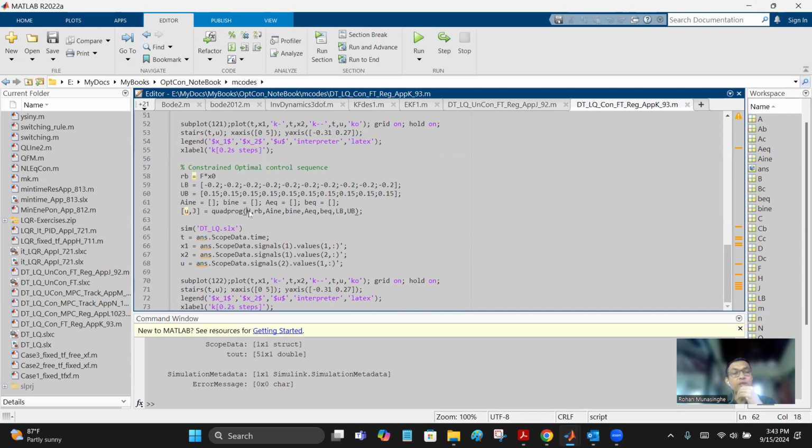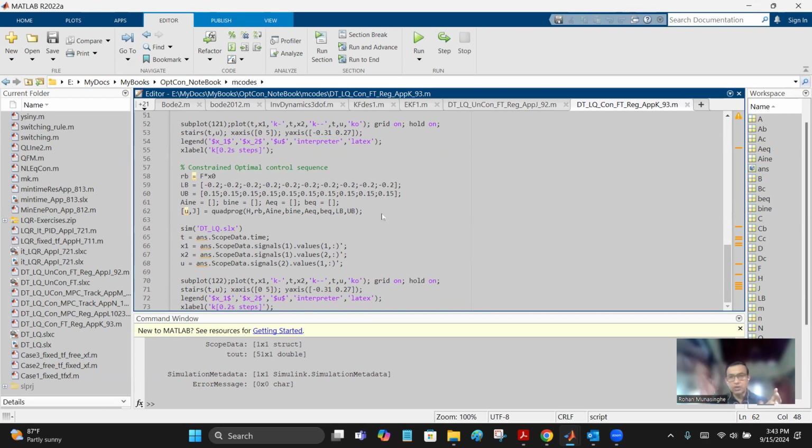Okay, there you have the H matrix, RB. This is inequality constraints. This is equality constraints, and this is lower bound and upper bound. Okay, you don't have to worry too much about it. It's a separate discussion altogether if you want to study code prog, right? What are these inequality constraints? What are the linear equality constraints and all that? So equality constraint is that there's something equal to zero.